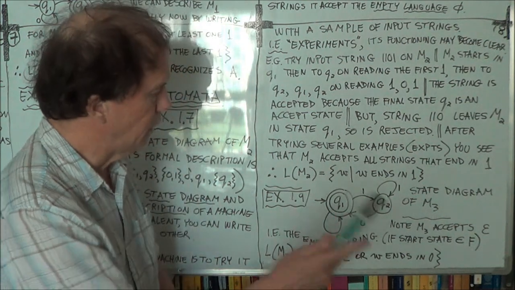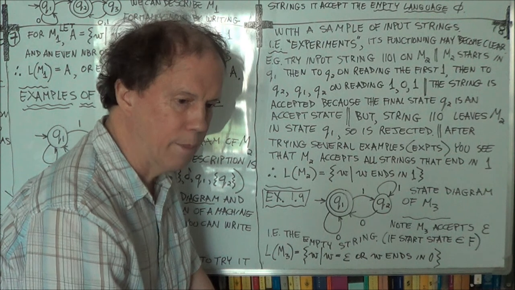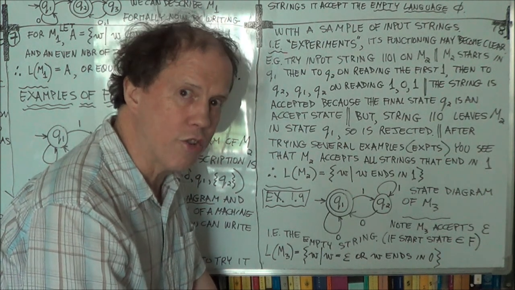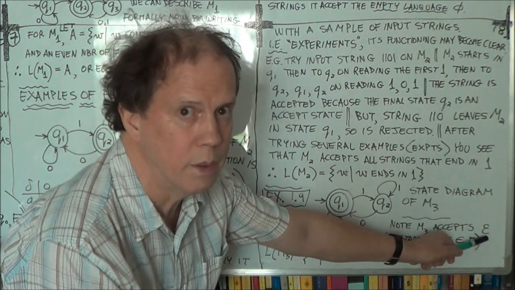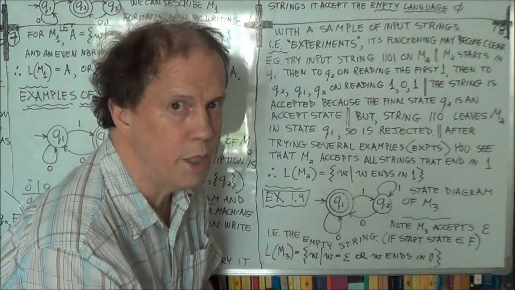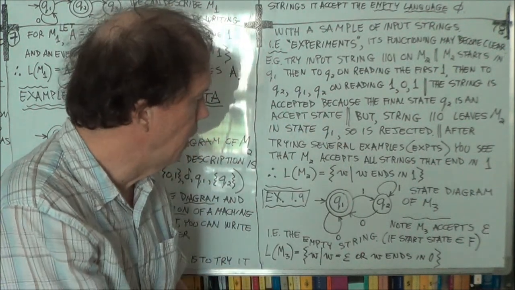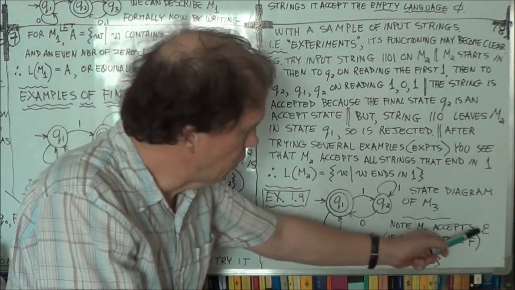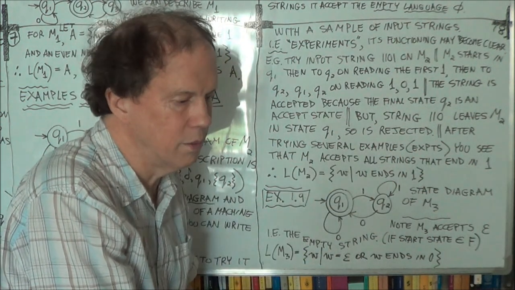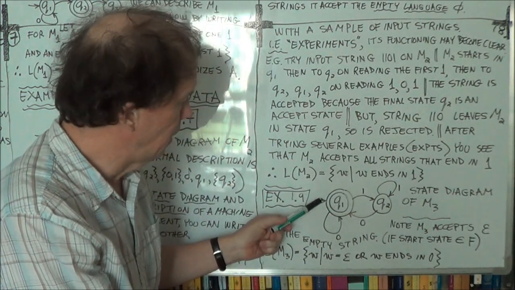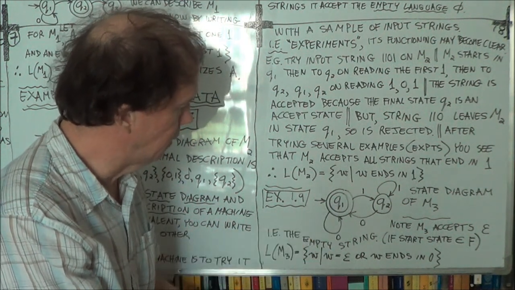Now that means, if you think about it, that you could have an input string that's the empty string, like eta. Remember that was the symbol for the empty string, the string with no symbols in it. If your input string is eta, no input at all, then no transition gets made, so it just stays here.